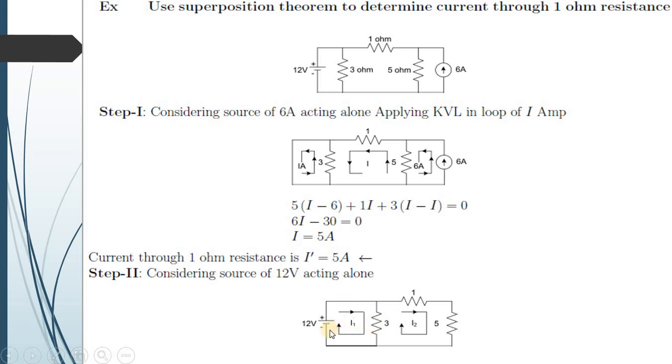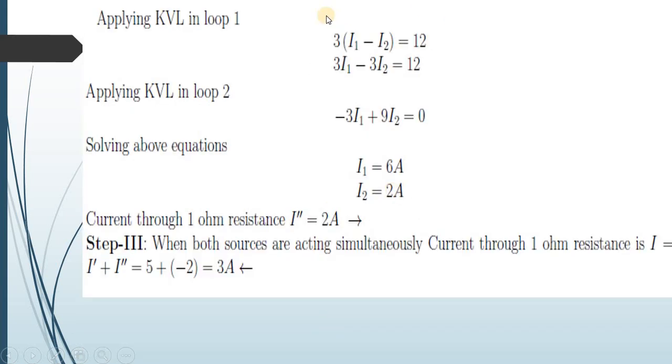In that, 3I1 is equal to 12 volt, and in this there is no voltage source, so it is 1 I2 plus 5 I2 plus 3 I2 minus I1. So these are the equations of loop 1 and loop 2.